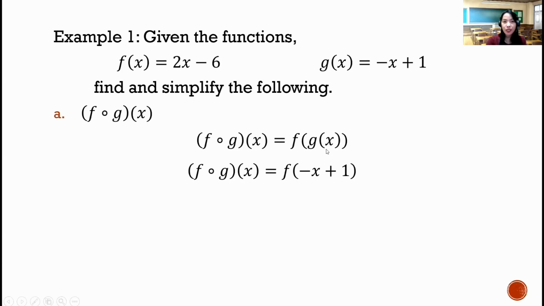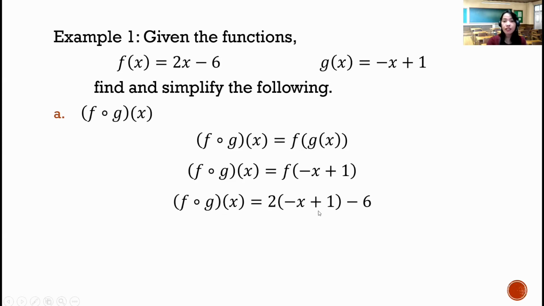So now, we're going to use the function f of x and lahat ng x ay papalitan natin ng value ng g of x. So that will be, since ang function f ay 2x minus 6, yung x aalisin mo na at papalitan mo ng negative x plus 1. So ang equation na ay magiging f of g of x that is equal to 2 times the quantity negative x plus 1, which is the value of g of x, minus 6.